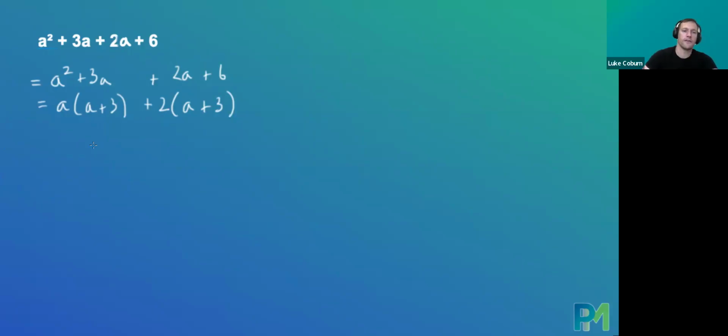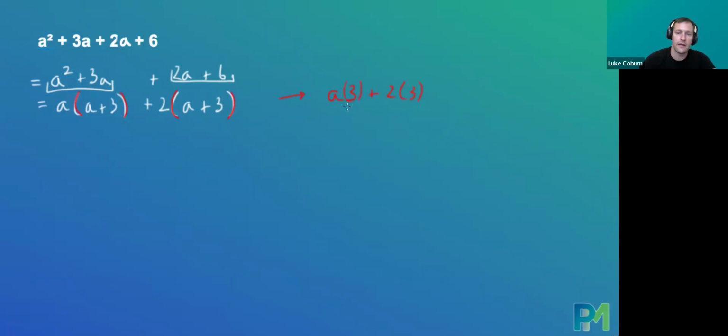Okay, so all I've done is I've taken the first pair and done a simple common factor on this, and the second pair and done a simple common factor on this one here. Now, remember what I say, right? If we put brackets around something, we can consider that as a number. Now, this could be a times 3 plus 2 times 3, right?